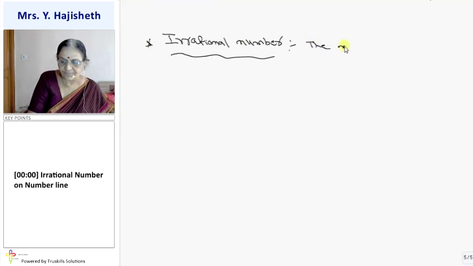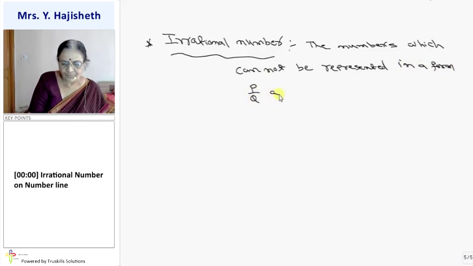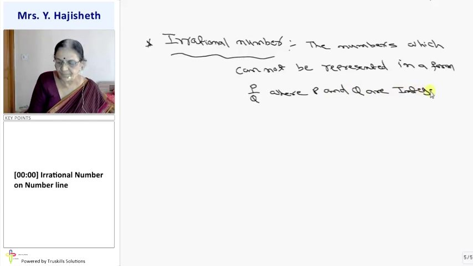The numbers which cannot be represented in a form P by Q, where P and Q are integers and Q is not 0, are called irrational number.